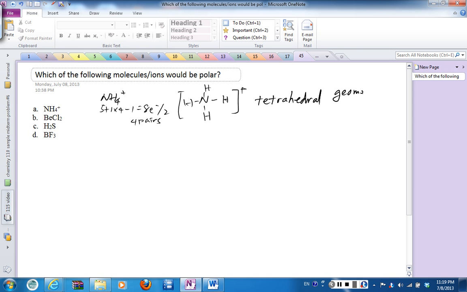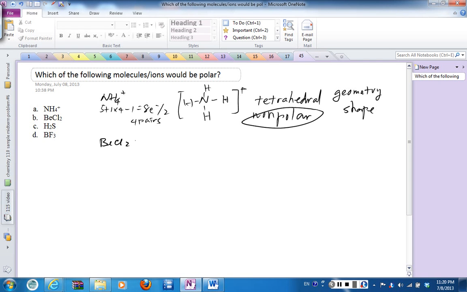So geometry and shape. And because tetrahedral is a very symmetrical structure and all 4 non-central atoms are the same hydrogen, this is clearly a non-polar particle here.